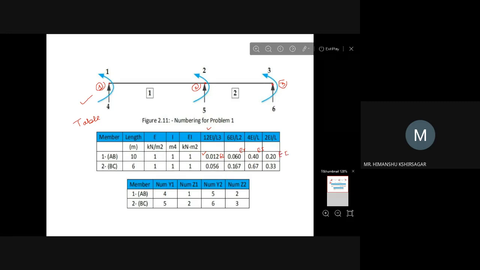Then similarly you calculate for member BC: 12 EI by L cube, 6 EI by L square, 4 EI by L and 2 EI by L. You just cross check these values: 0.056 EI, 0.167 EI, 0.67 EI and 0.33 EI because EI is constant here. If the value of EI is given, you have to enter that value also.